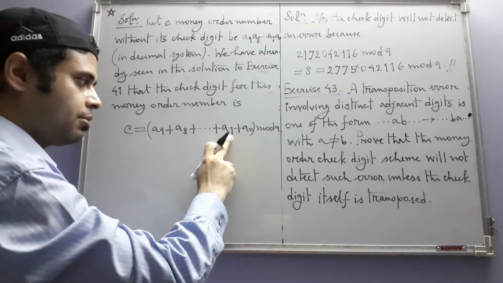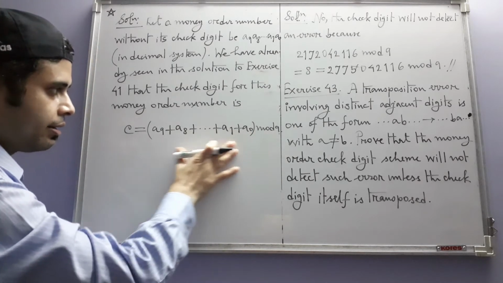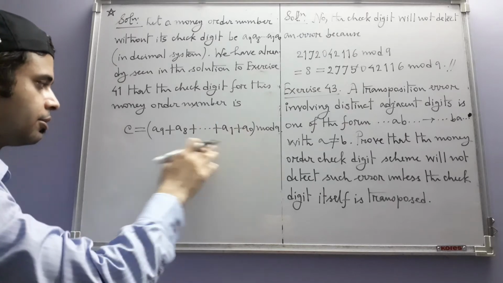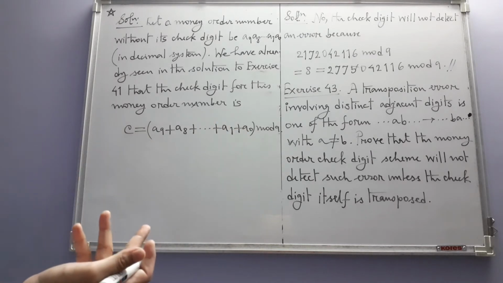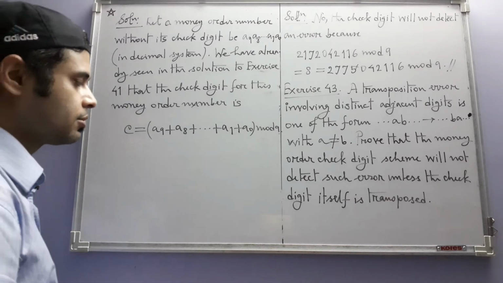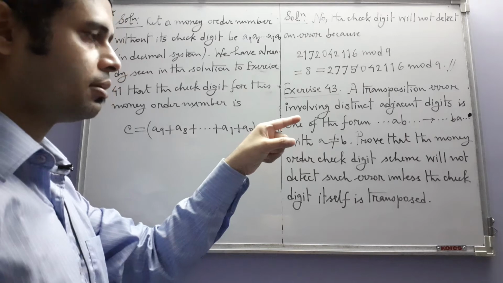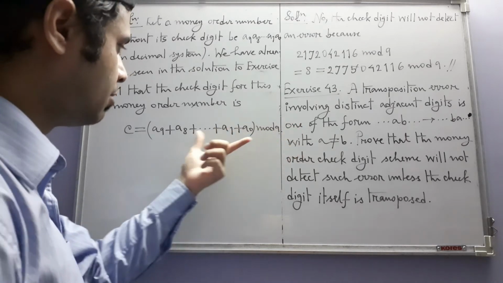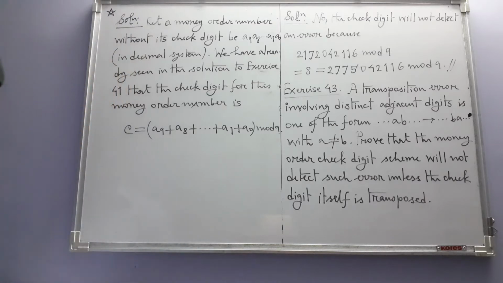In place of A1 you will have A0, in place of A0 you will have A1. That does not change the sum at all. So the check digit also remains unchanged, so that does not affect the check digit, and as such a mistake or such an error will not be detected by this check digit. So we can write like this.